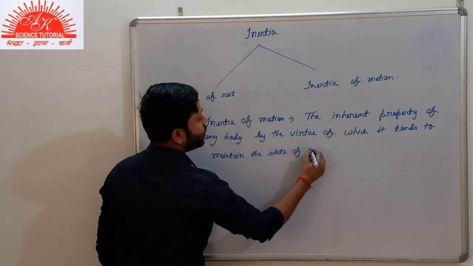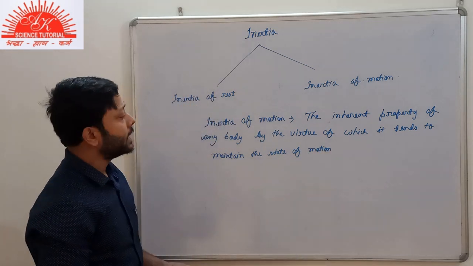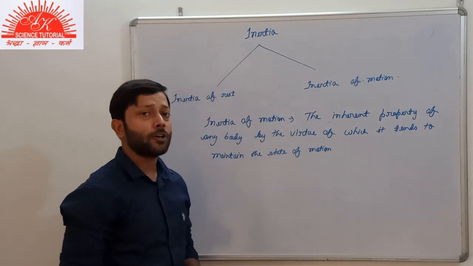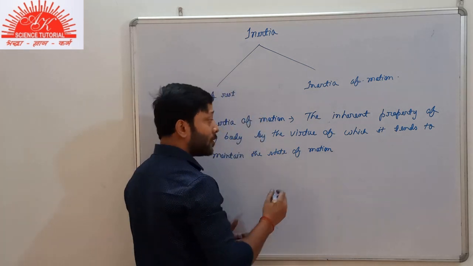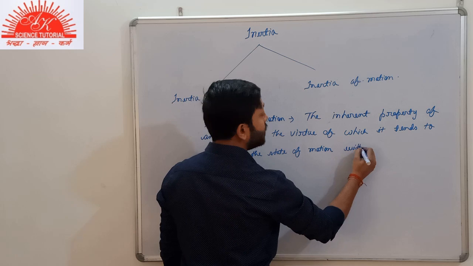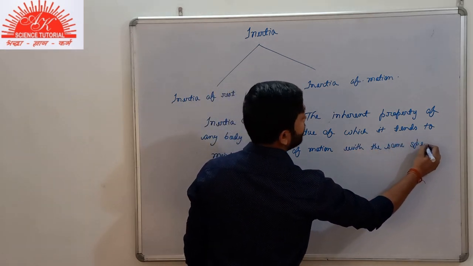And as I told you, if you do not apply any external force on the body, then it will continue to be in the state of motion. But with what? In the state of motion with the same speed and in the same direction.